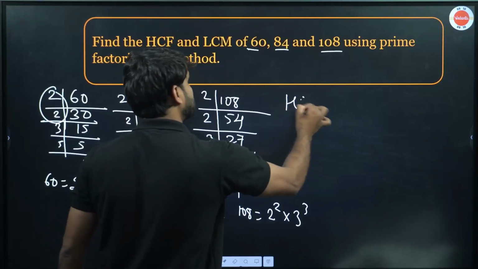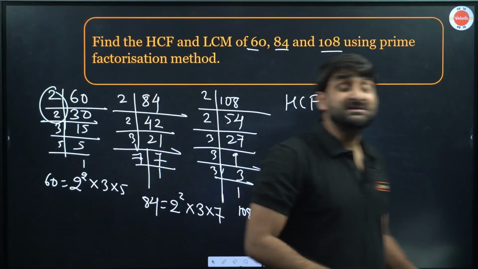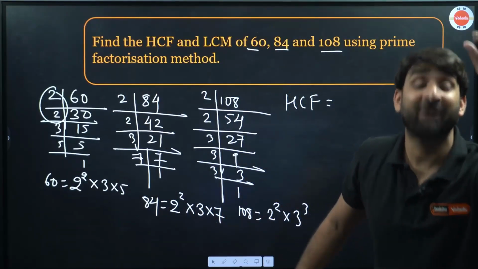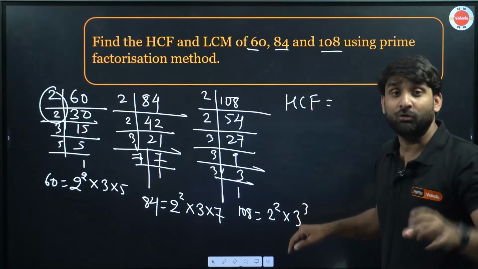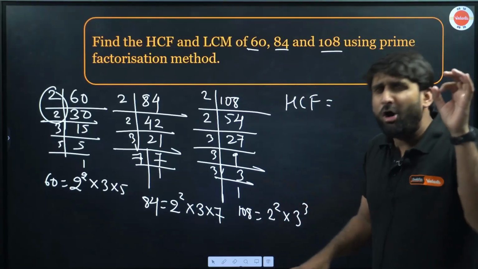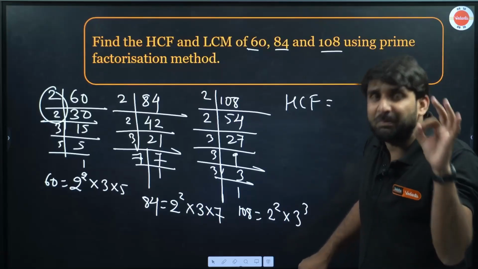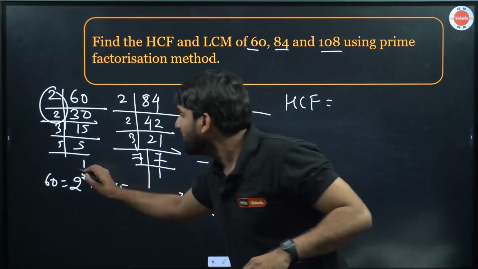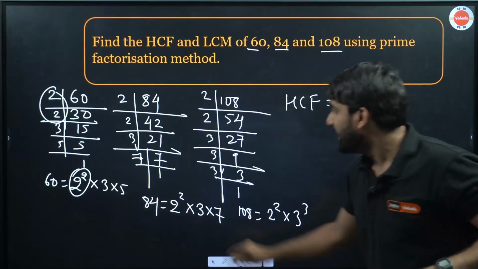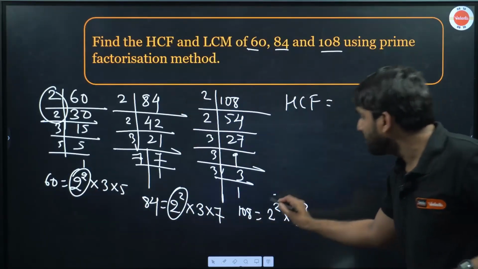Now find out HCF. My dear champion, HCF is called highest common factor. So whenever you are finding out the HCF between the numbers, always take the lowest power, smallest power. So if we take 2, here 2 to power 2 is there, here 2 to power 2 is there, and here 2 to power 2.